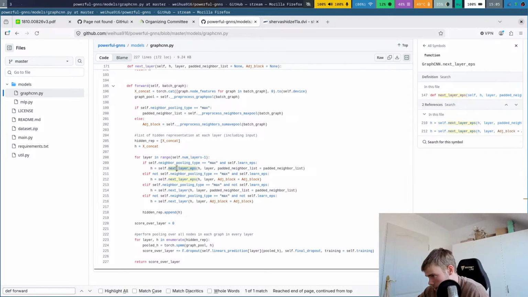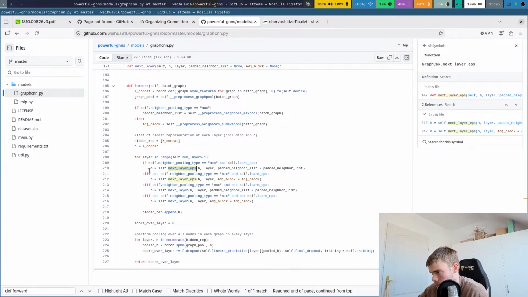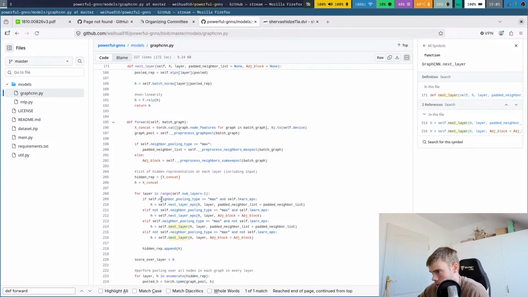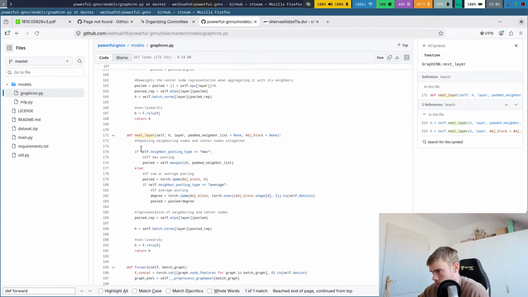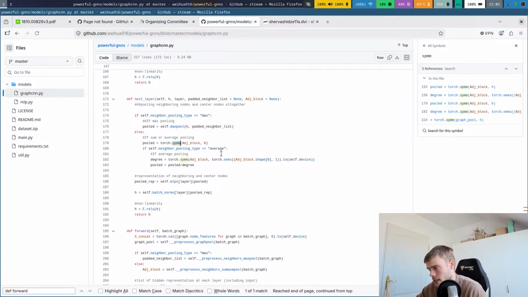Okay, next layer. SPMM. So this is sparse matrix multiply, right?